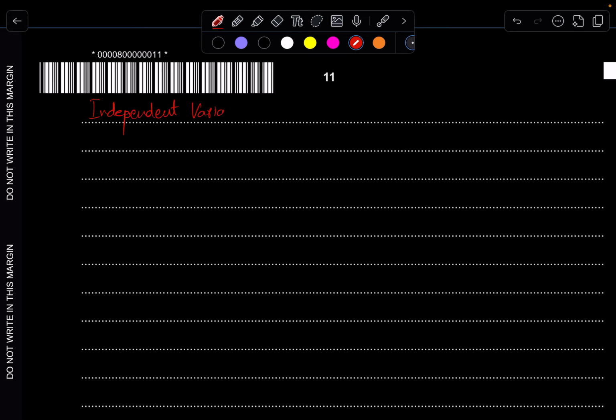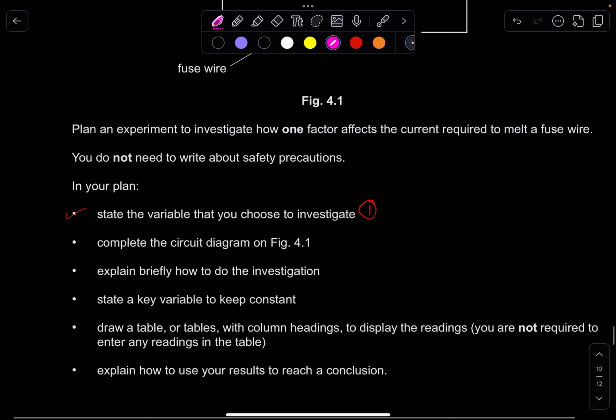The independent variable is the one that you will change. So the independent variable is the diameter, d of the wire, that I will choose independently. For this you will get 1 mark.